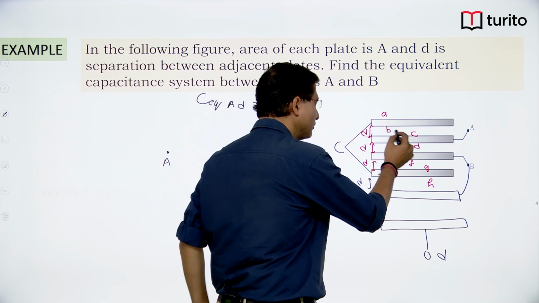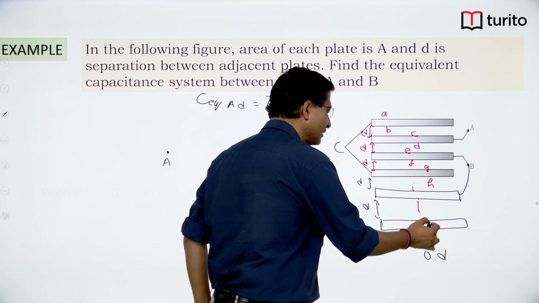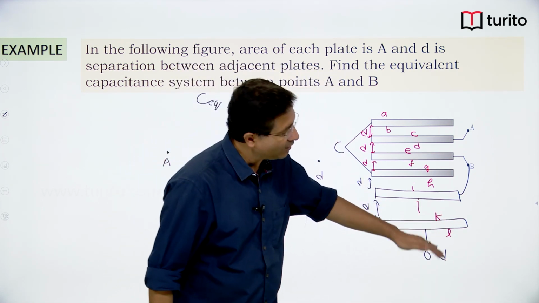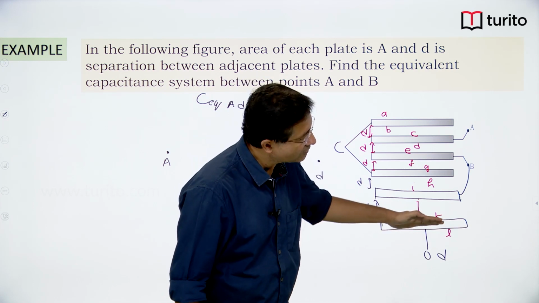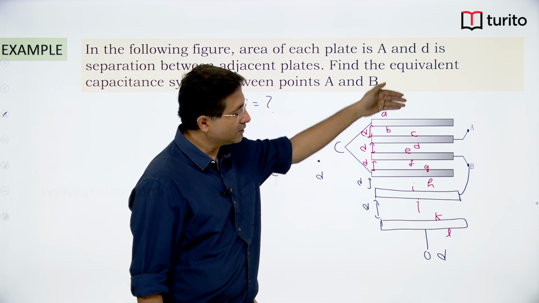So A, B, C, D, E, F, G, H, I, J, K, L, and as nothing is below L, there is no role of this surface. Nothing is above A, so there is no role of this surface.